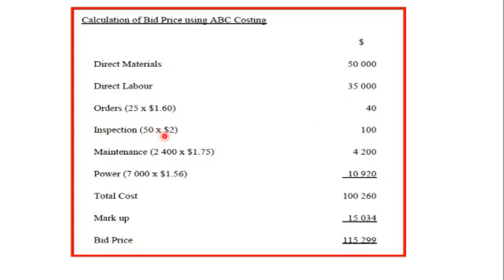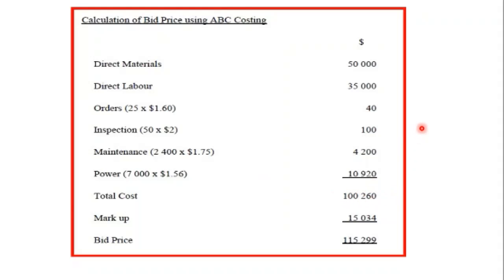Inspection 50 by 200. Sorry, $2. We'll get $100. Maintenance 2400 by 175, 4200. And power 7,000 kilowatts by 156. It was 10,920. The total cost 100,260.